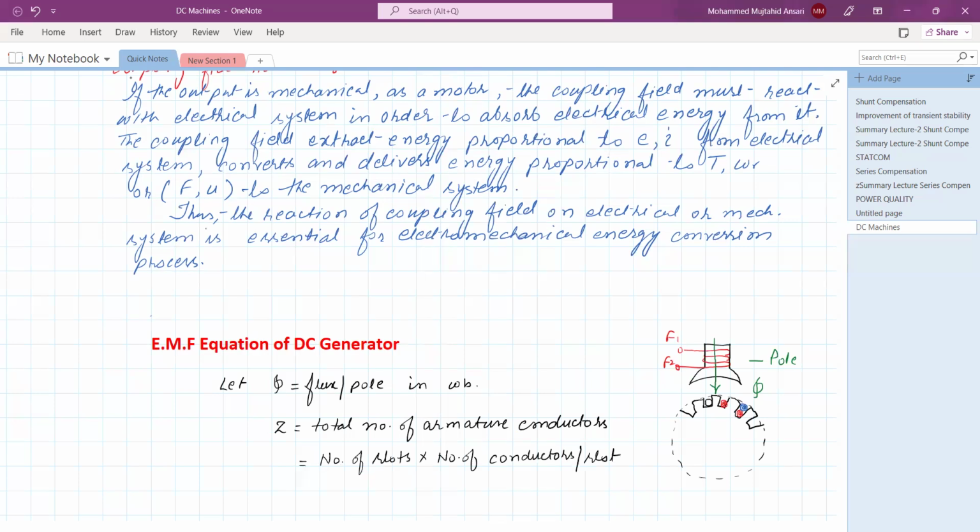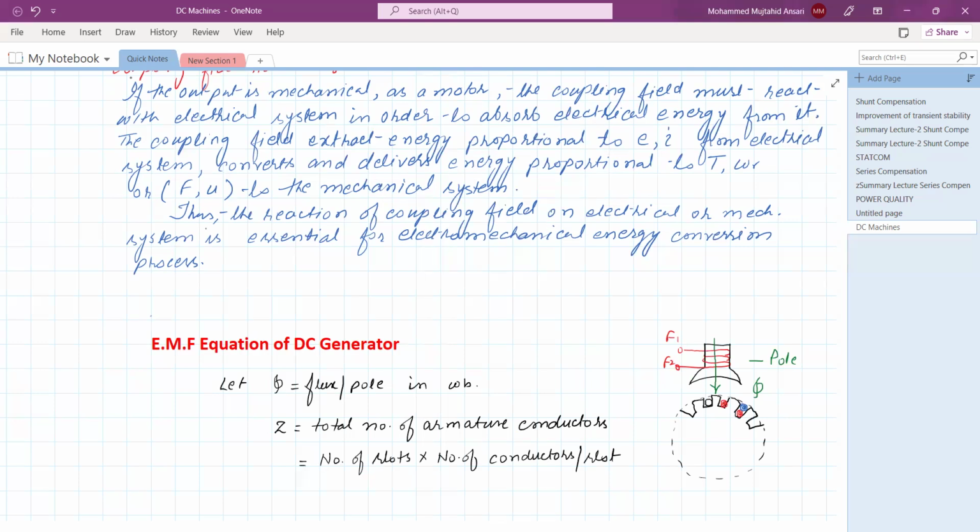If the number of slots is 36 and there are two conductors per slot, then 36 multiplied by 2 gives 72 conductors over the periphery of the armature.